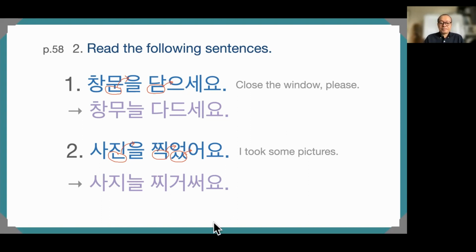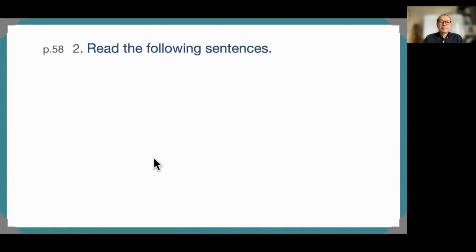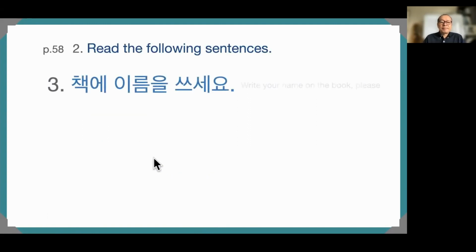Okay. Let's move to number 3. Here, right? This final consonant moves here, and this final consonant moves here. So can you read?